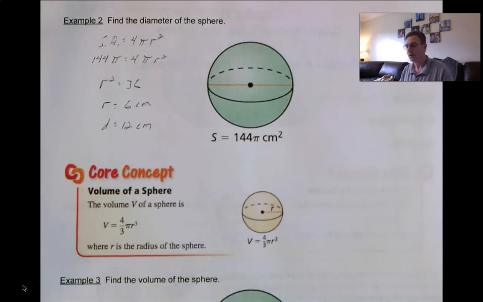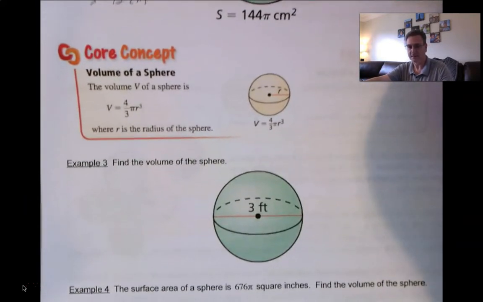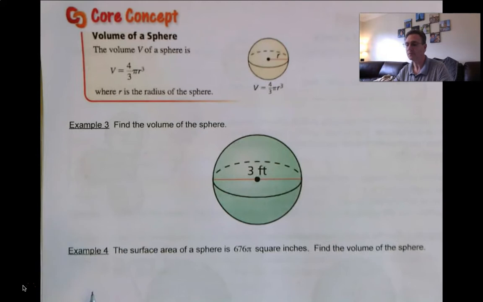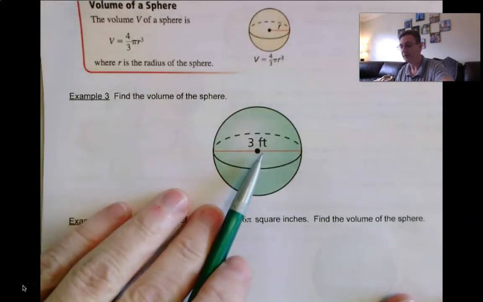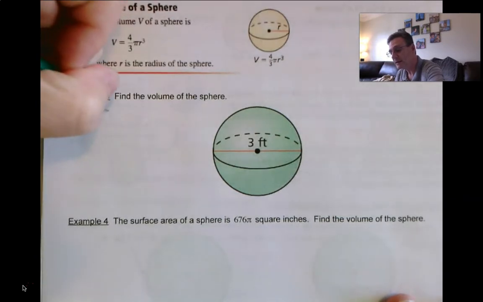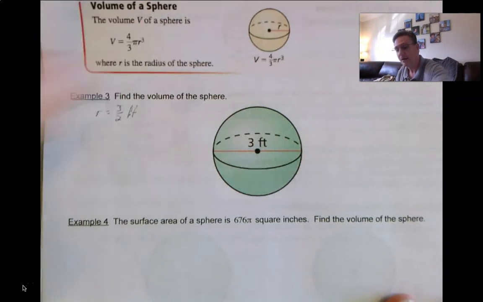Here we have our volume formula, 4/3 pi r cubed, not r squared this time, which makes sense because volume is cubed. Find the volume of the sphere. Again, I've given you the diameter, so the radius here is 3 over 2 feet.